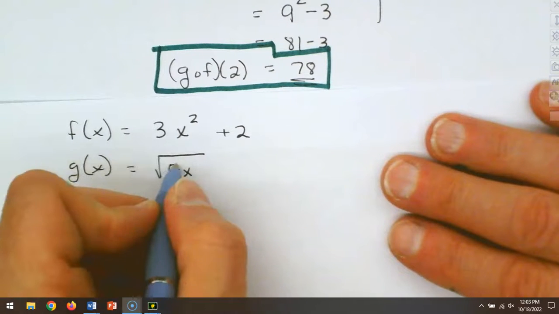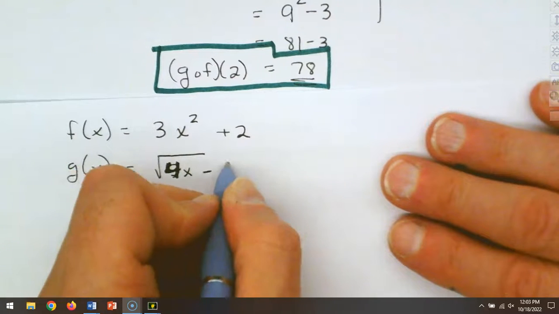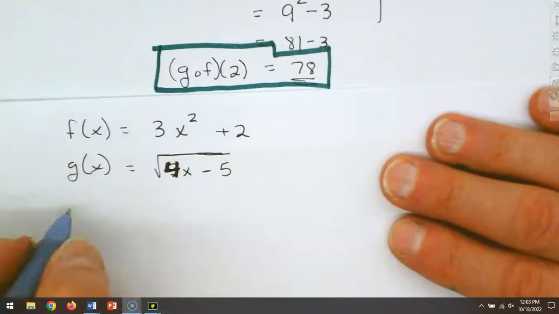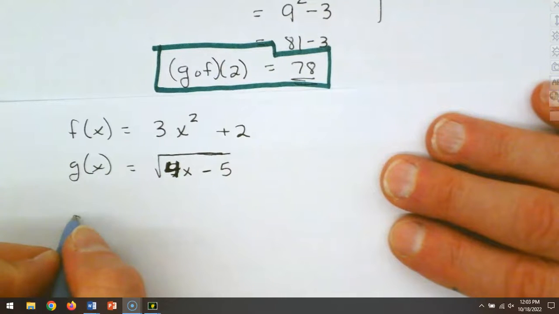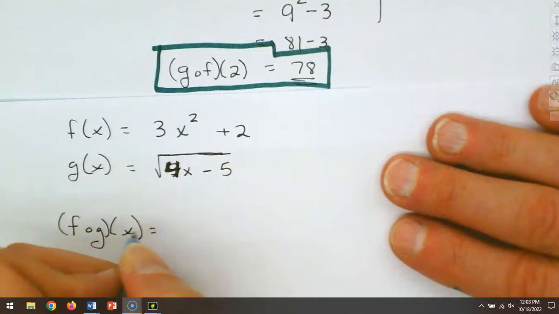Well, let's make it 4x. That way it's not so confusing. Make that a 4x there, minus 5. So that's what we've got. Now I want you to find f composed with g of x.